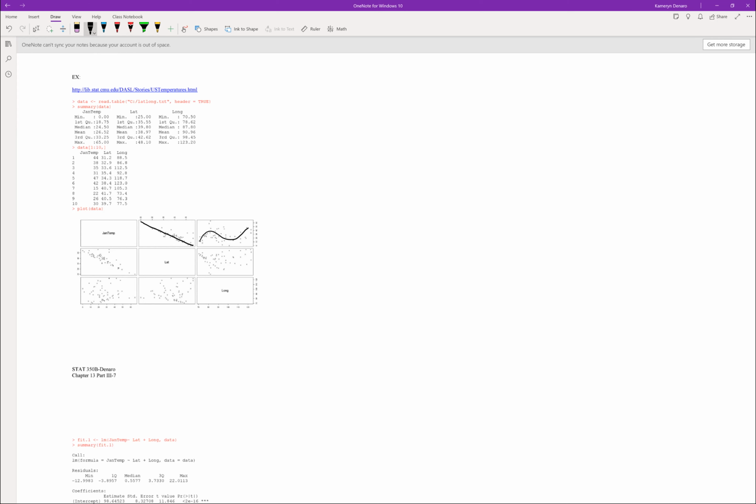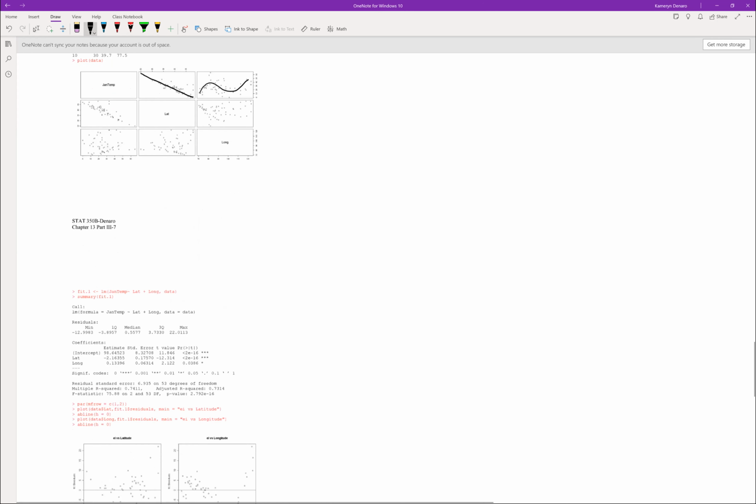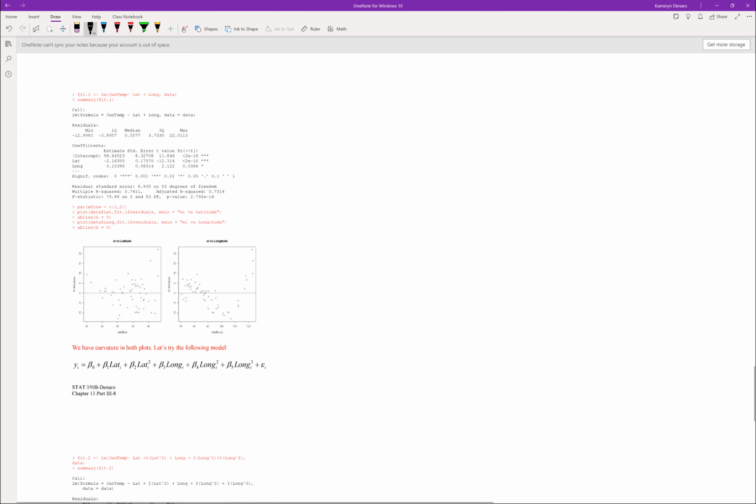And so if we fit a model with just the main effects, latitude and longitude, we can get our estimates, right? So we'd get y hat equals 98.65 minus 2.16 times latitude plus 0.13 times longitude, right?